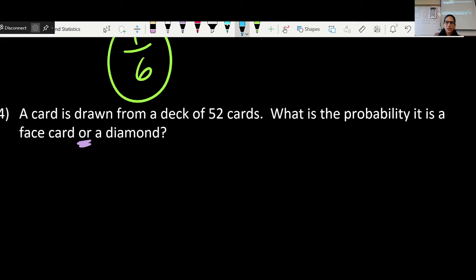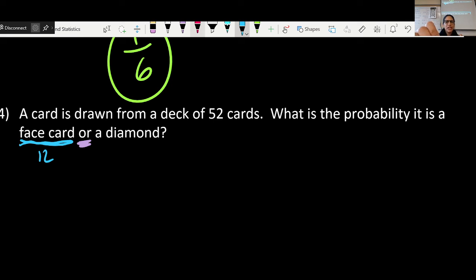When we talk about face cards, how many face cards are there in a deck of cards? 12. Everybody remember that from yesterday? Like we went over the kings, the queens, all that stuff on that deck. So there's 12 of them.